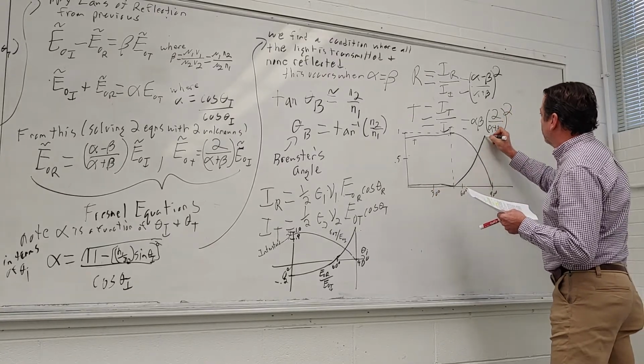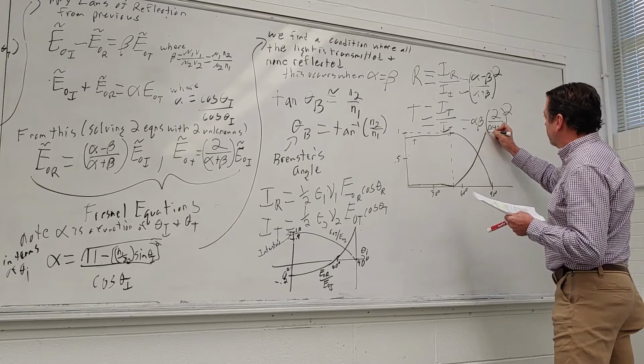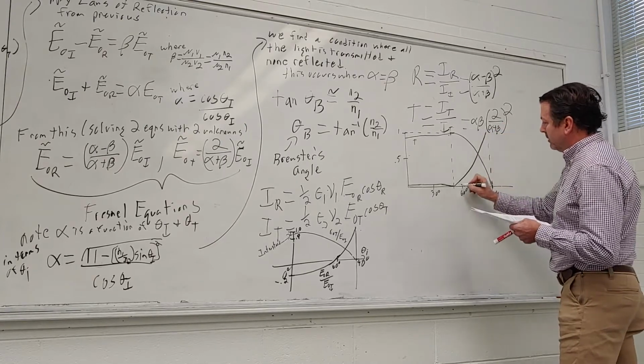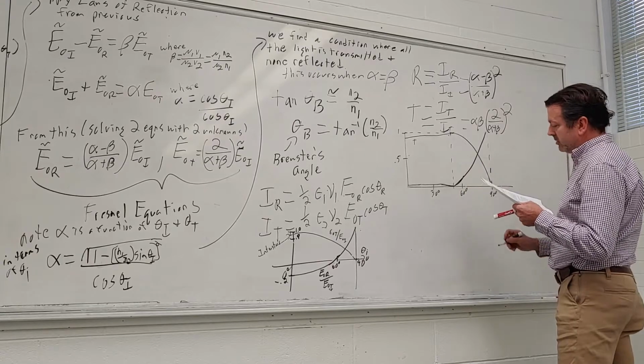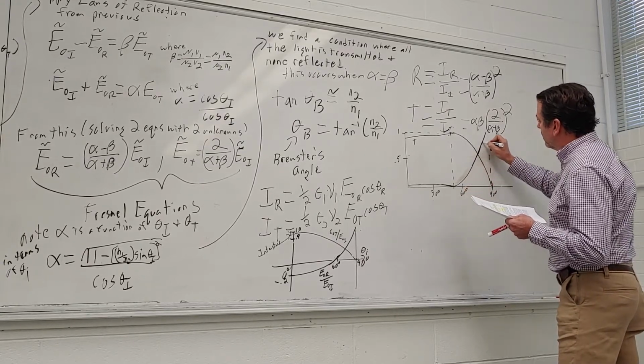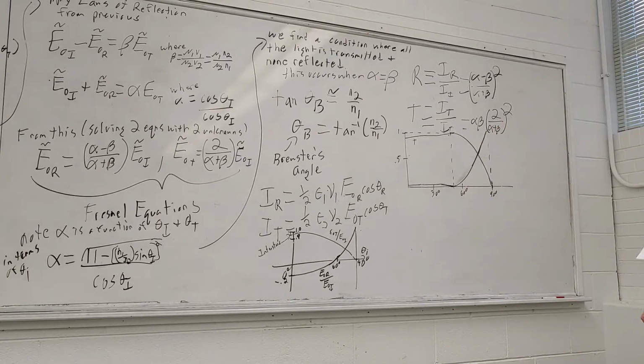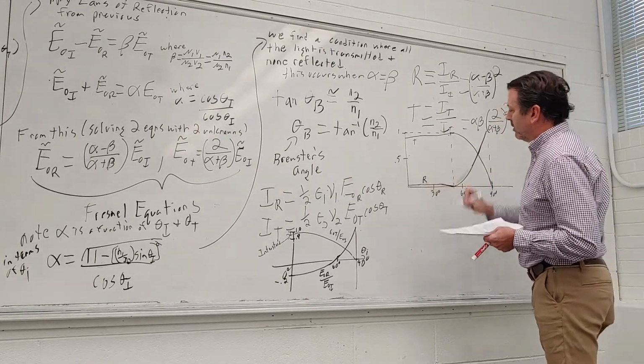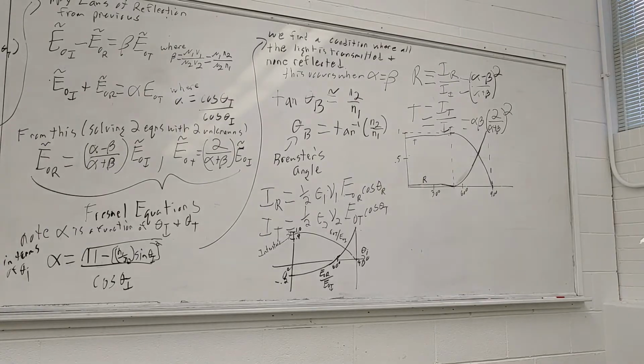And then it starts going up to 1, right at 90 degrees. It's not that abrupt, but it's pretty close. There we go. And this is the reflection coefficient.